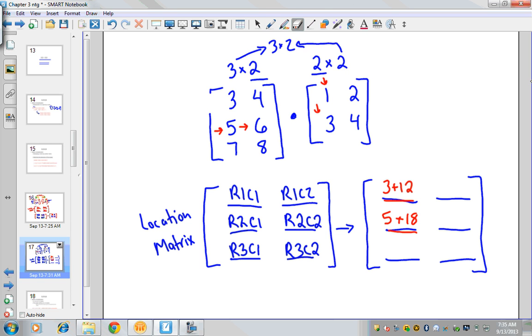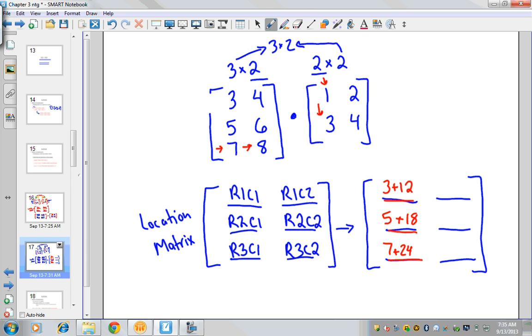And as I continue working down my first column of my answer, I'm now going to work on row 3, column 1, which means I'm going to start with the 7, I'm sorry, the 7 times the 1, which gives us 7. And I'm going to move to the 8 as I move down to the 3, which gives us 24.